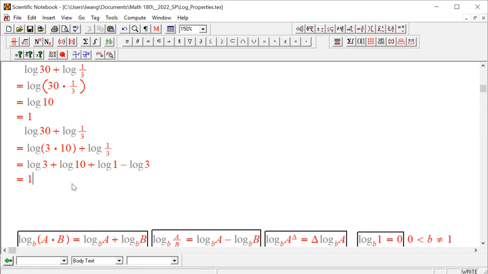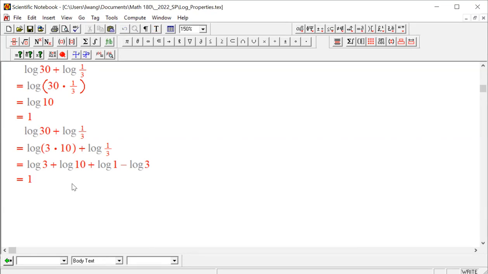Okay, let me give you another example. For example, I could have ln of 3e minus ln 3. What would that be?